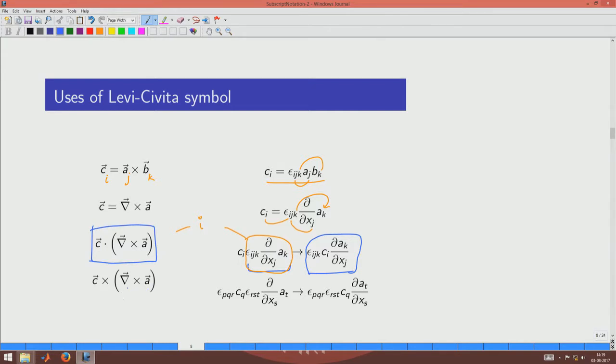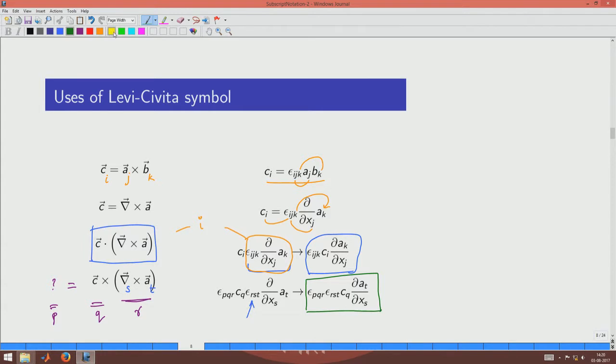I want to write it as S and T, and I use epsilon R S T as the first epsilon, and then the free index of this part of the expression will be R. Now, if this was R, then I can choose this index of the C to be Q, so that the free index that is coming out for the output is P. So, that is why I write here epsilon P Q R, then C Q, then epsilon R S T, then dou by dou x S, and then A T. So, we then use the idea that we could move epsilon in and out of the terms. So, we can write the expression in this manner.